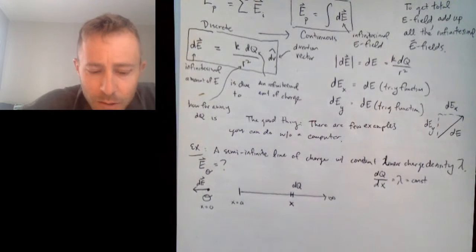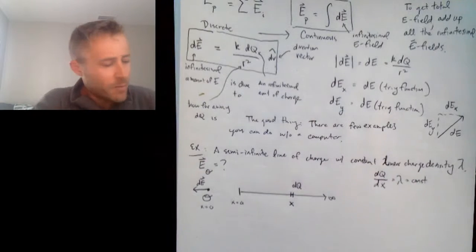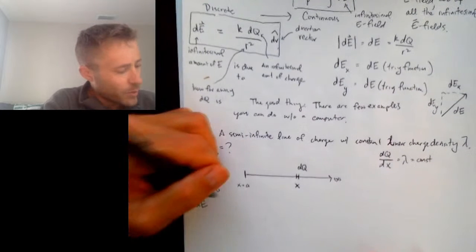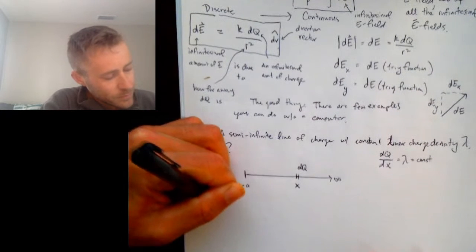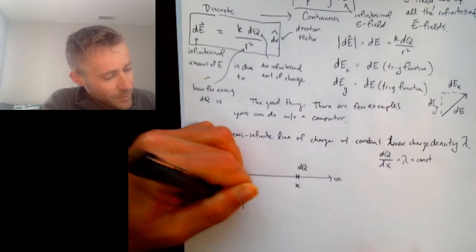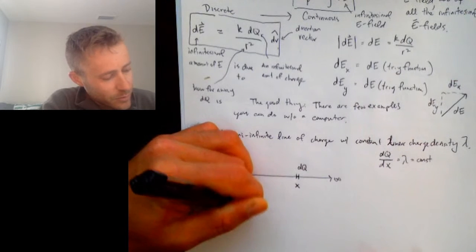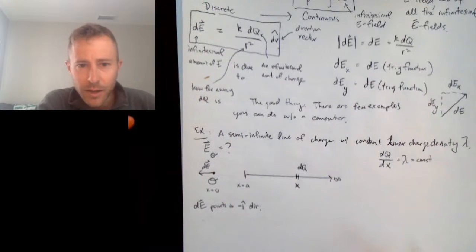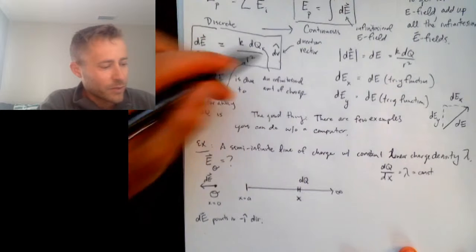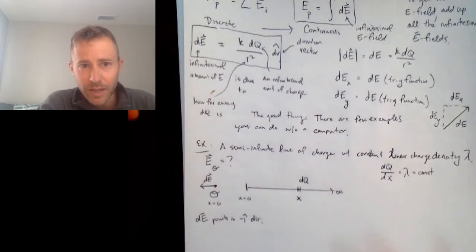So what that means is that dE points in the negative i hat direction. Notice how our dE has a direction vector, and that direction vector is negative i.